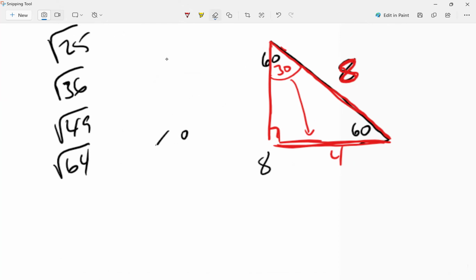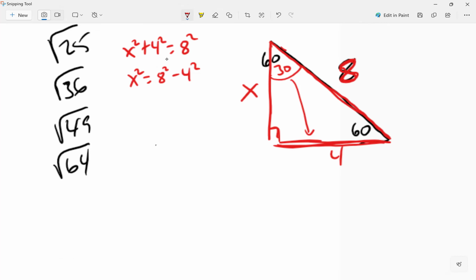Let me erase things here. Let me call this x. According to our Pythagorean theorem, x squared plus 4 squared is equal to 8 squared. That means x squared is equal to 8 squared minus 4 squared, because I moved the 4 squared to the other side, so minus.